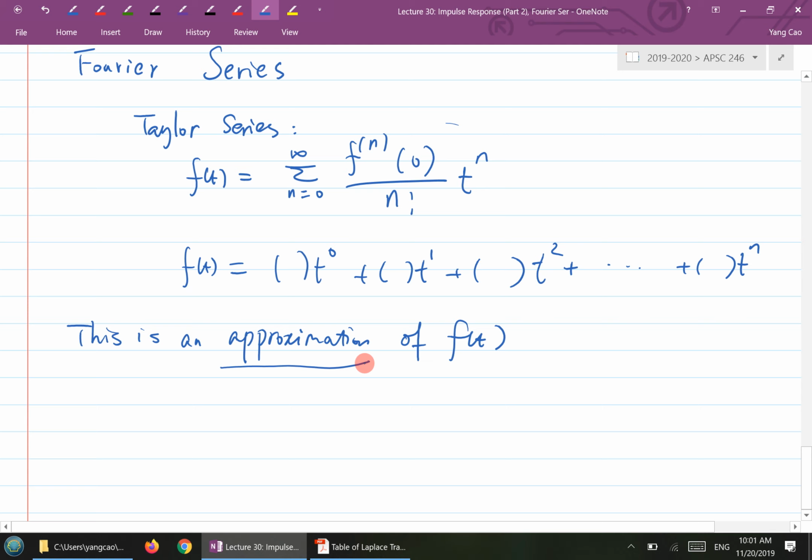And the other thing is the nature of this expression. You look at this one here, you're approximating f of t as what?